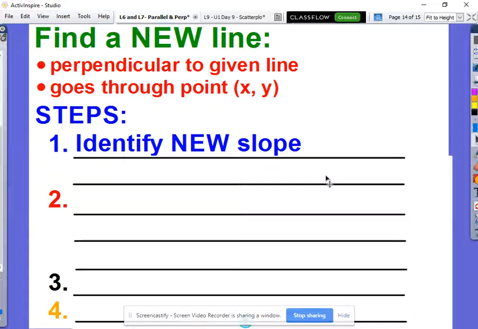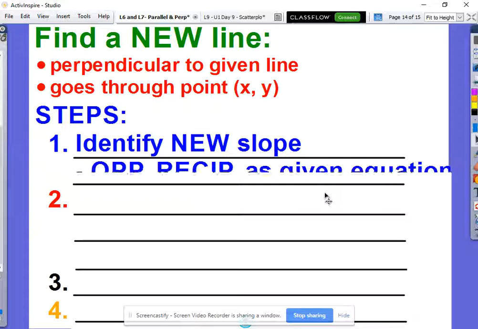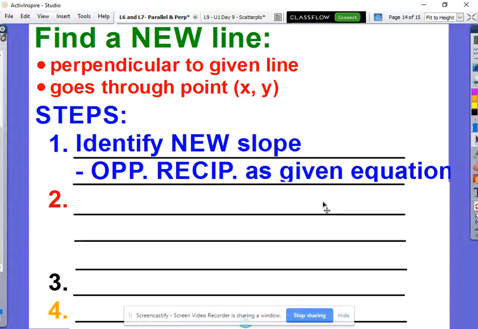But our new slope isn't the same as it was before. Now our new slope is the opposite reciprocal of the given equation. Last time parallel lines were the same, but now, since we're perpendicular, we're going to be opposite reciprocals.